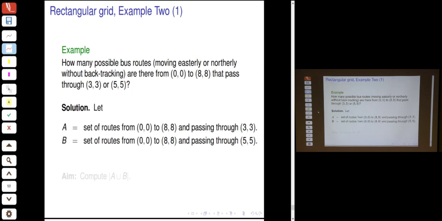Okay, so now let's look at the solution. Let A denote the set of routes from 0,0 to 8,8 that pass through the first point, 3,3. Let B denote the routes which pass through the second point, 5,5. Now, because this is an OR, we want to compute the size of the union, right?